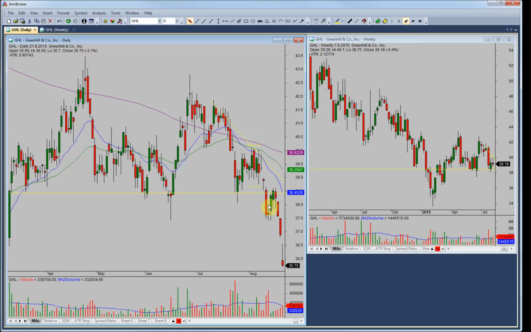This happens sometimes and sometimes not. Sometimes the price goes down immediately after the breakdown, but here it was possible to enter again after this pullback, with an entry here or here.